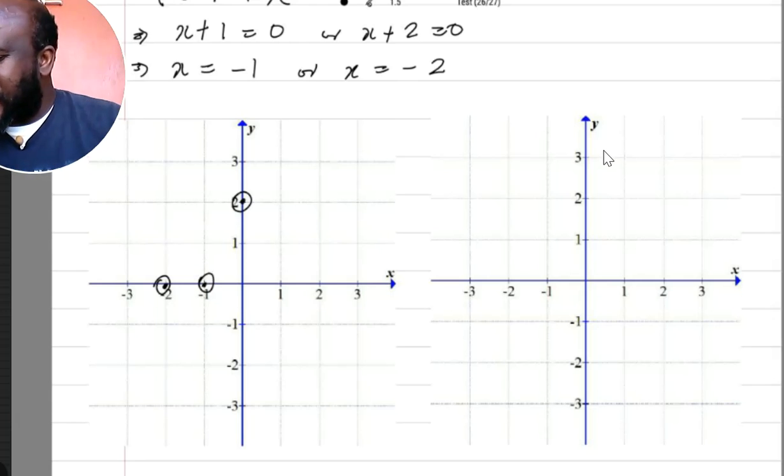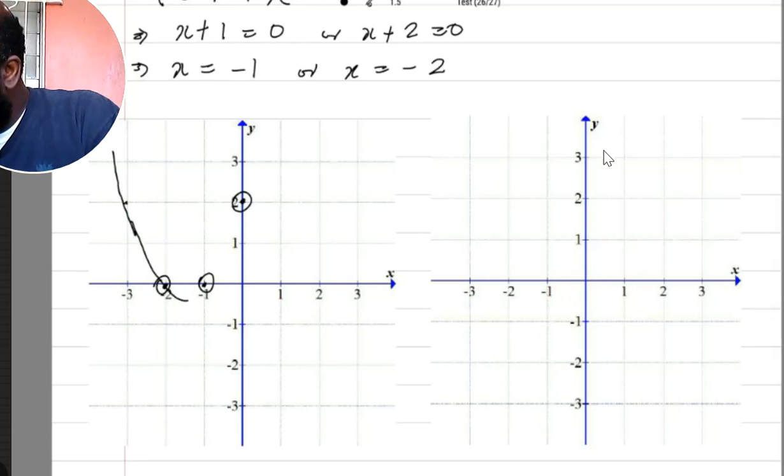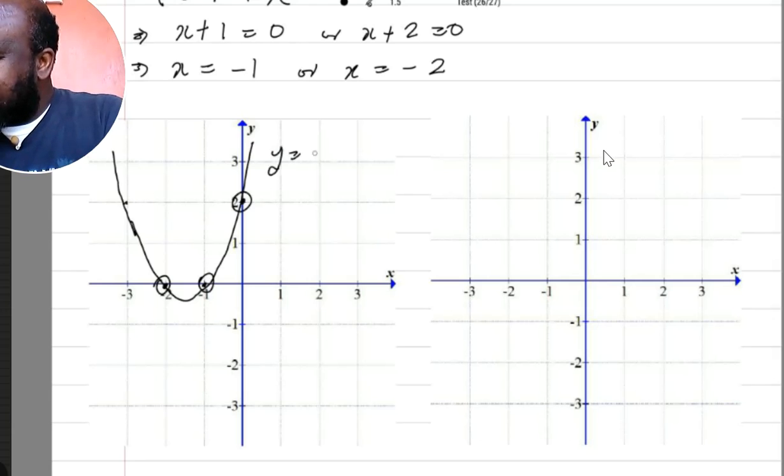With that in mind, I can try and do a rough sketch of this graph. So this will be the graph of y is equal to x squared plus 3x plus 2.